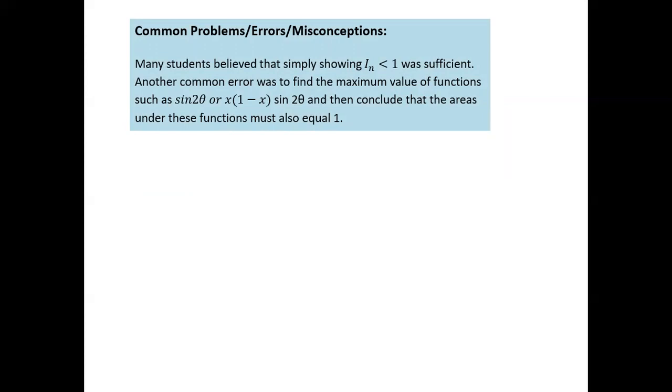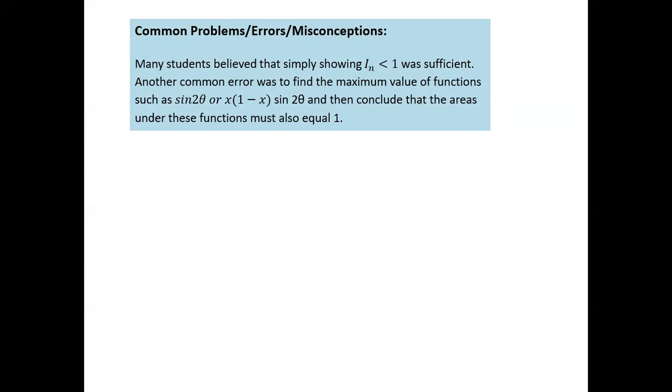The problem is a lot of students just simply say that In is less than 1. That's not sufficient in this case. Another common mistake was that the student stated the maximum values of the function, in terms of sine 2 theta, or x times 1 minus x.